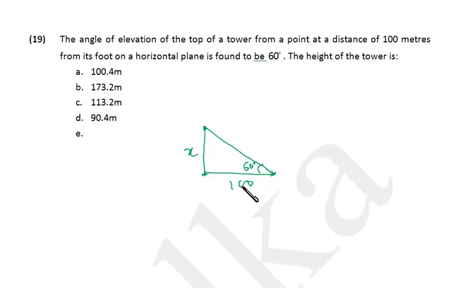The relationship between these is given by tan theta. So tan 60 degrees is root 3, that is x by 100. So it is 100 root 3. Now root 3 is 1.73, so precisely it is 173 point something.